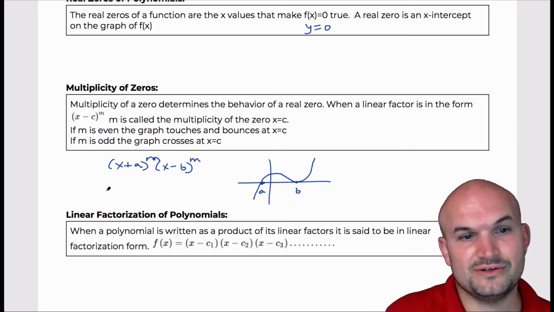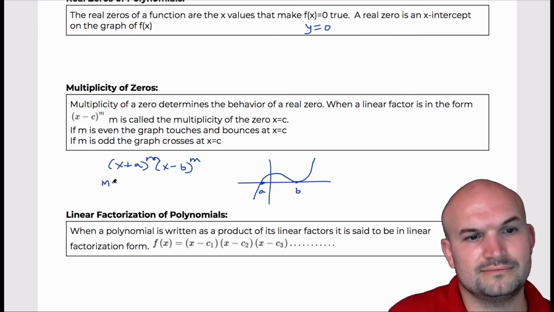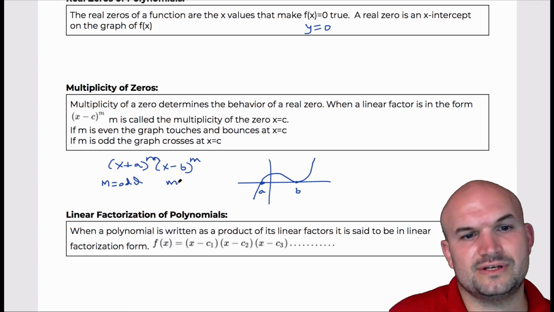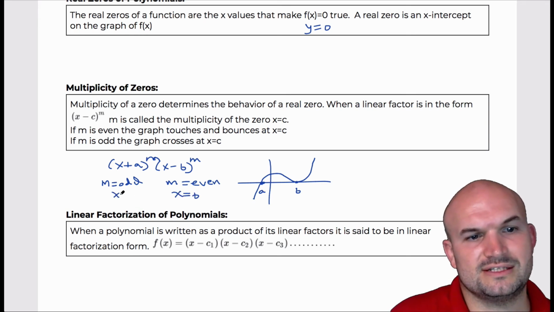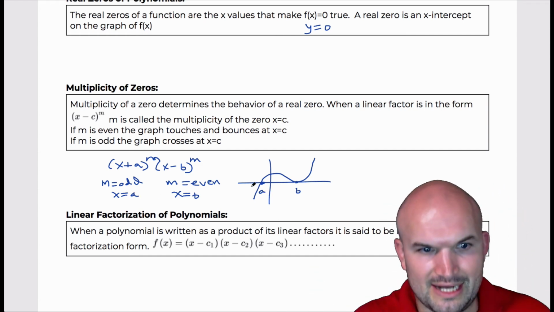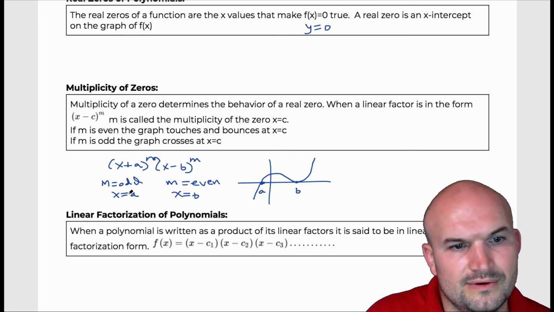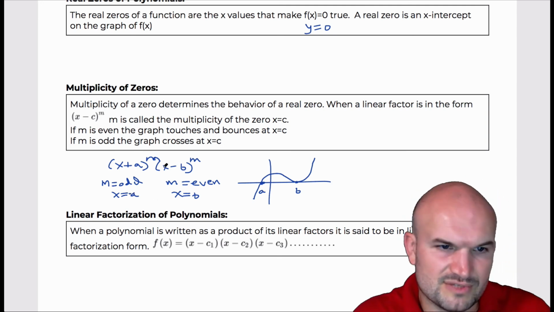So in this case, since it's crossing, m is odd. And in this case, you could say m is even. And this one crosses at x equals b, and this one crosses at x equals a. Whatever these zeros are, they could be represented by any numbers. That actually is going to be a negative a. We're just pretending it's some number, right?